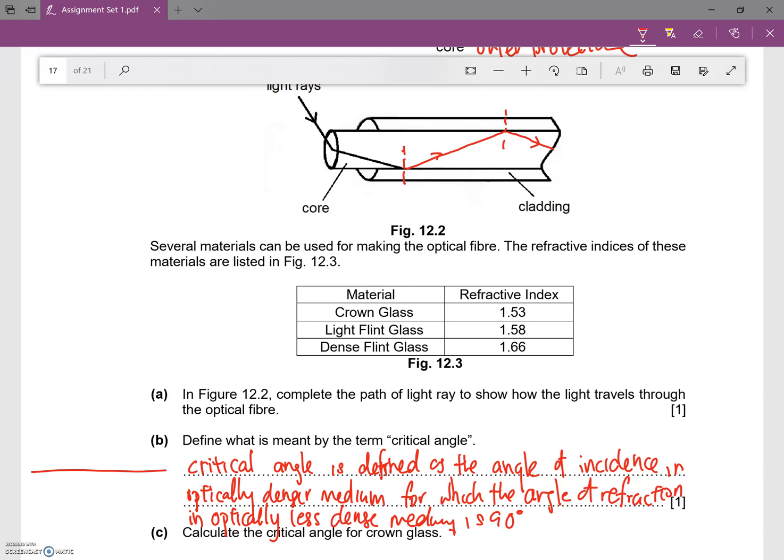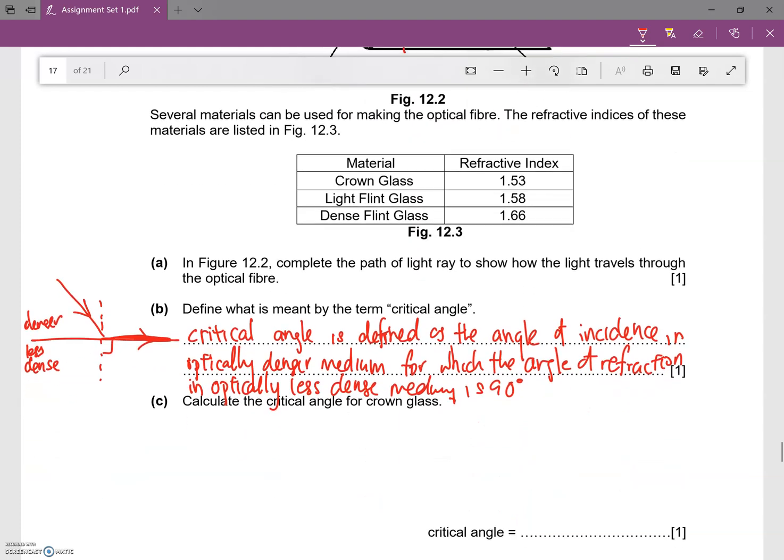So how it actually looks is this. Imagine a surface, this is denser, this is less dense. This is the normal. When the light ray comes in, it will travel along the boundary here, and this is 90 degrees. Now calculate the critical angle for crown glass. We know that n equals 1 over sine c. So this is the formula. For crown glass, the refractive index is 1.53.